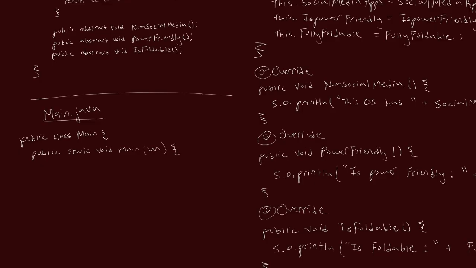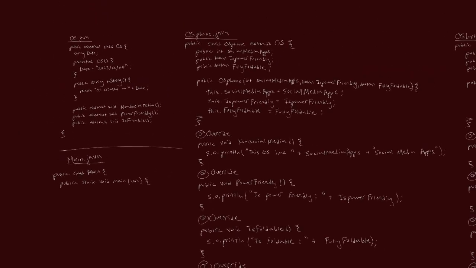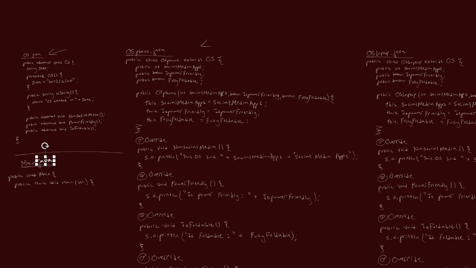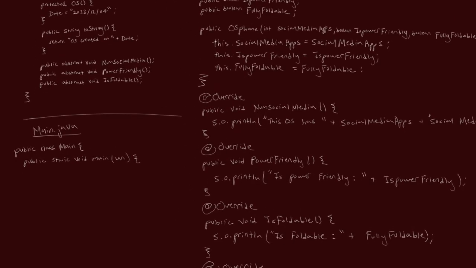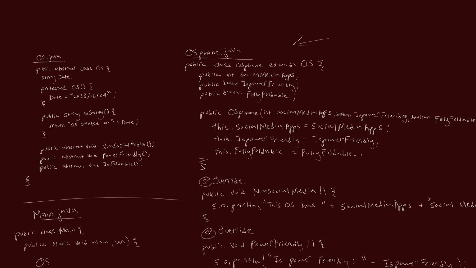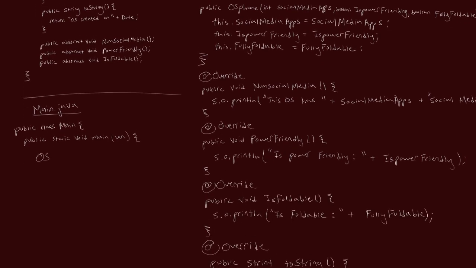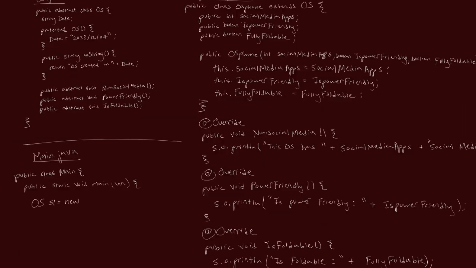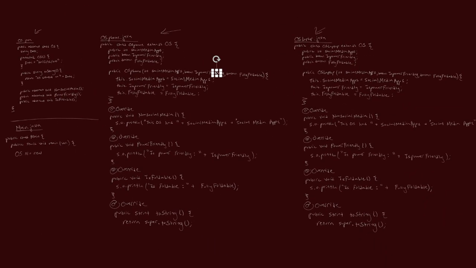Okay, so the first thing we're going to do is we have to instantiate our class. Remember, we can't instantiate this one because it's an abstract class, but we can instantiate these two. So we're going to start from here, and we'll do OS s1, so system one. Hold on, let me draw this smaller. So OS s1 is equal to new, and then you call one of these classes.